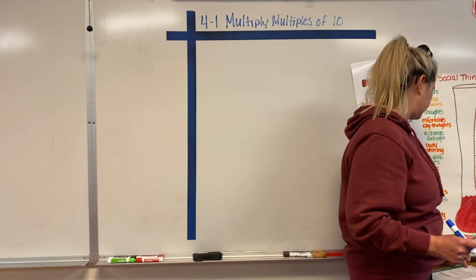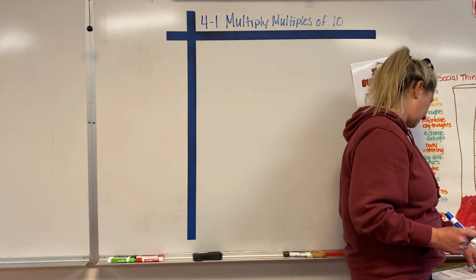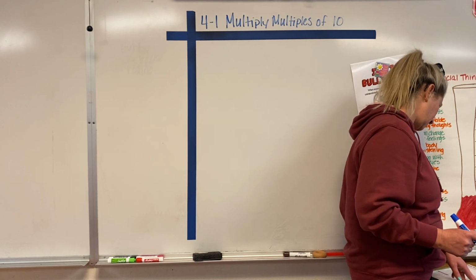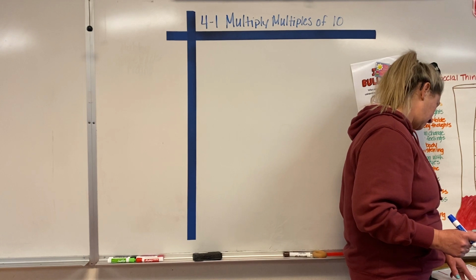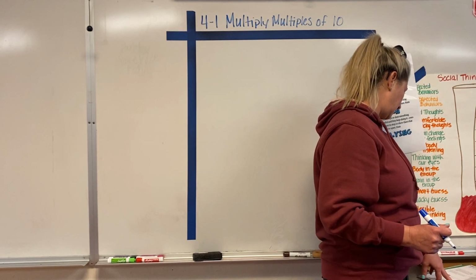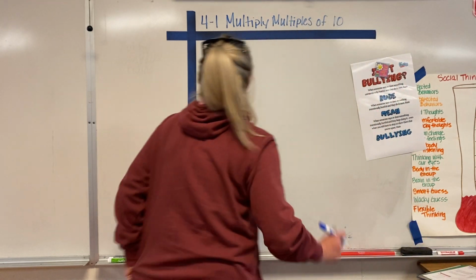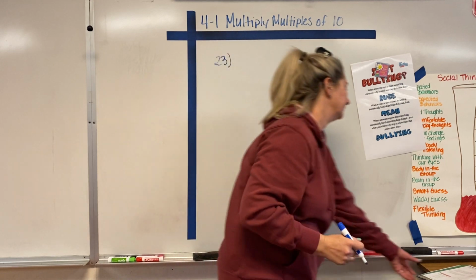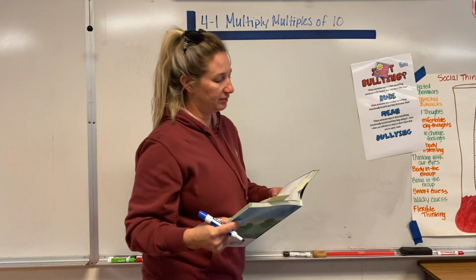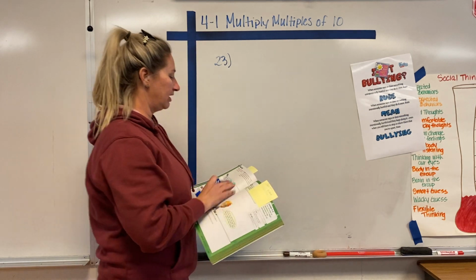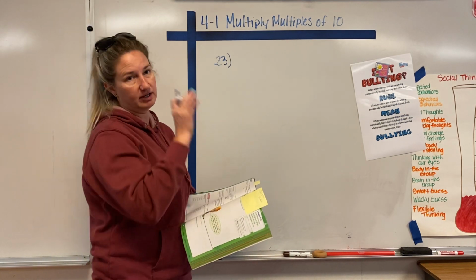Okay, well, let's do 23 and 24 together. So 23, I'll read to you. The product of 2 factors is, so the product of 2 factors, that means you're multiplying 2 numbers together.